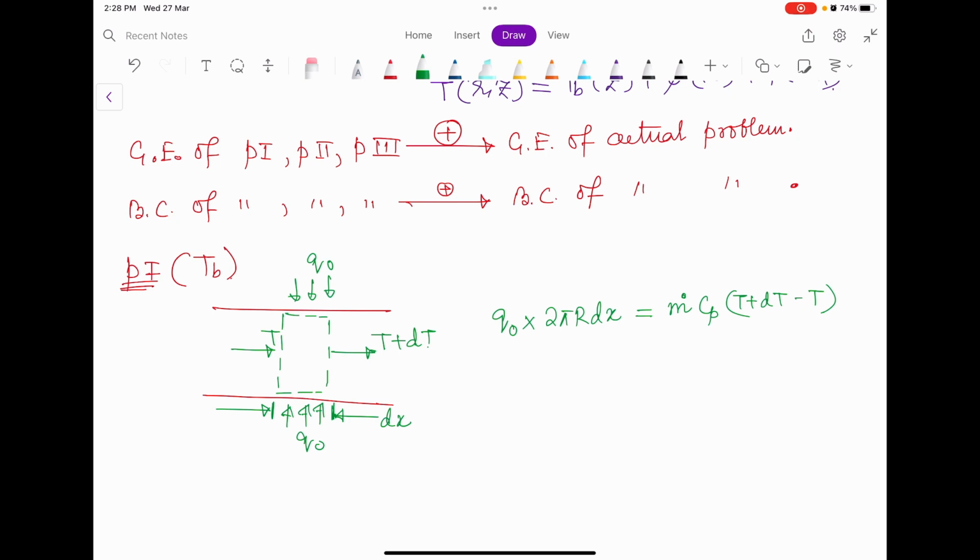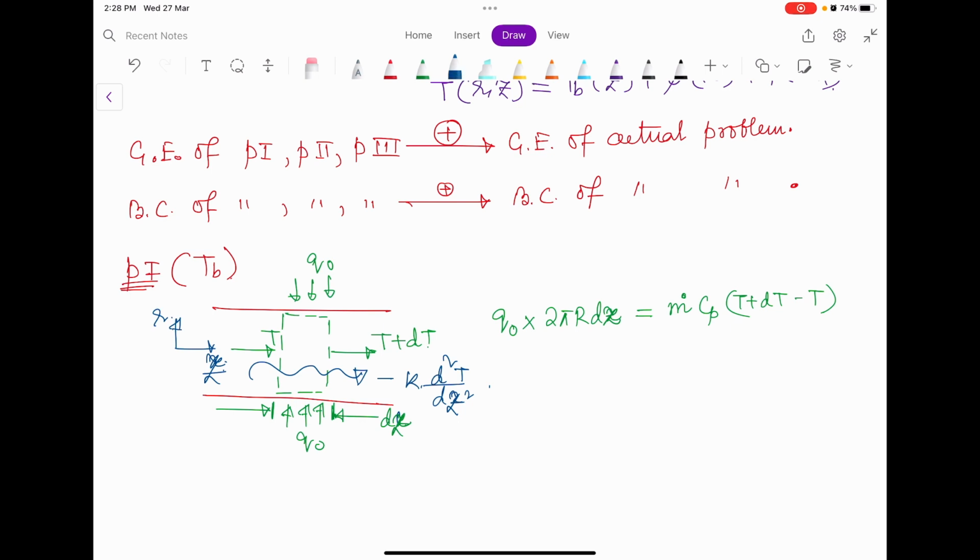But there is a catch. Here I am only considering the fluid flow, but fluid is a material and it can have conduction, so it can have axial conduction also. If this is the z direction and this is r, we take this as z, and this is also dz.